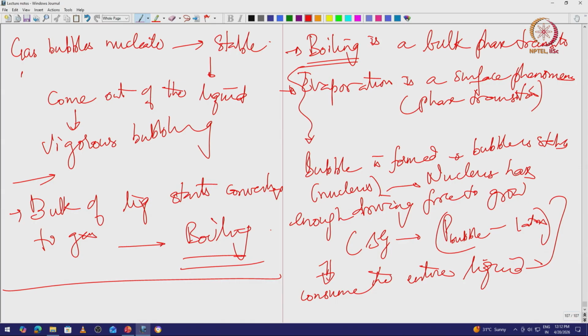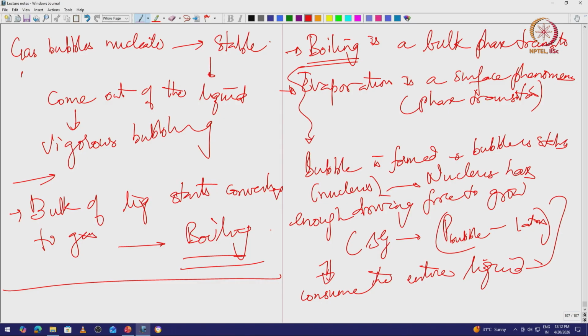In the bulk, it is a bulk phase transition, whereas evaporation is a nice surface phenomenon or surface drying phenomenon, and so eventually, because of the finite volume of your film of water, the entire thing dries away, right. But if you have infinite volume, the entire thing is not going to dry away, right. So how much water you remove depends on how much water you have to start with, okay. But boiling is not like that.